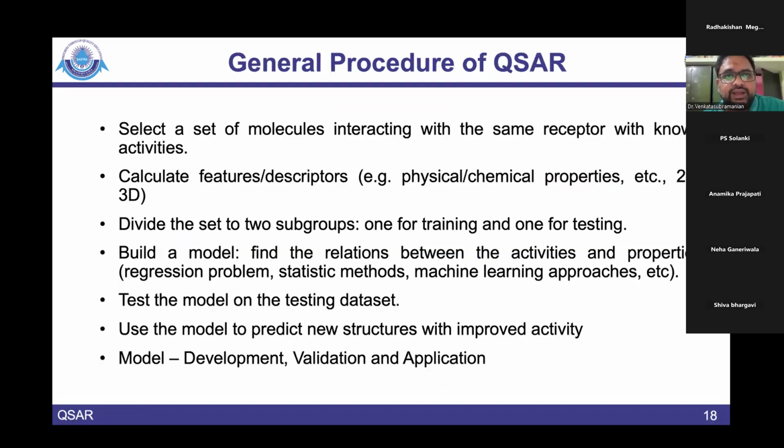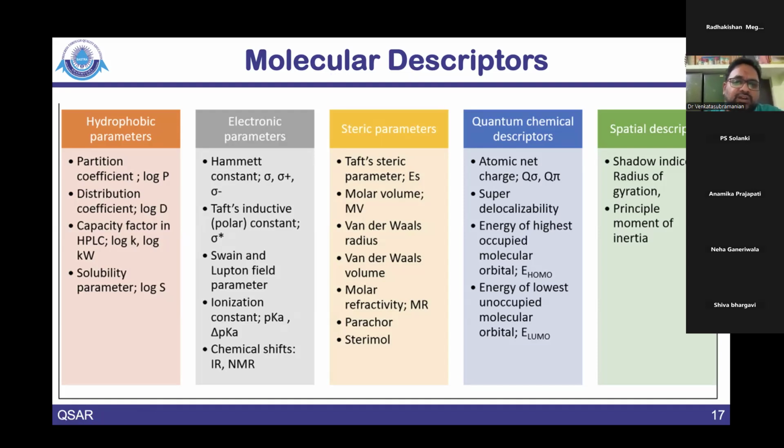And again, obviously not all descriptors can be used all the time. So the ideal scenario is that we use a minimal set of descriptors that are not overlapping. For example, partition coefficient, distribution coefficient, and log P value are related coefficients. So that means that we have to be very careful.